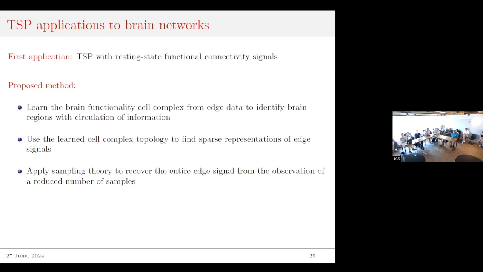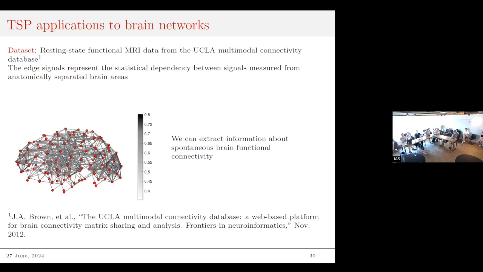This is the first application. We can see that I use this data set from the UCLA multimodal connectivity database, and the edge signal is represented by the statistical dependence, the correlation, between the signals observed over two regions.